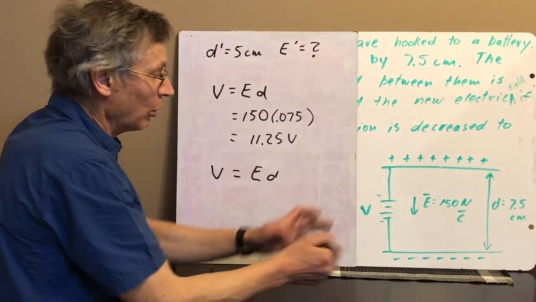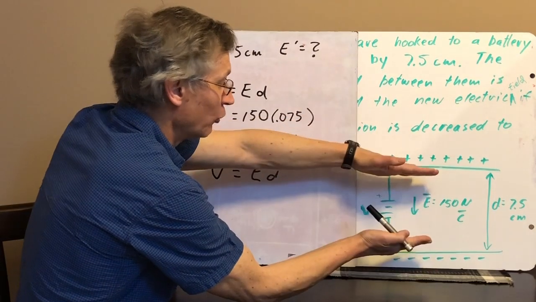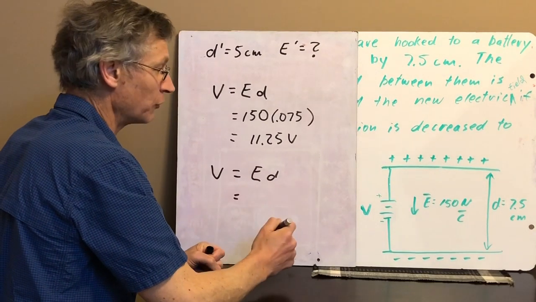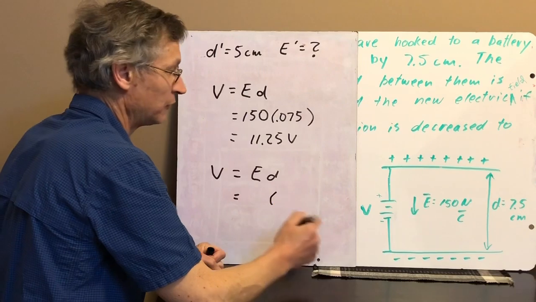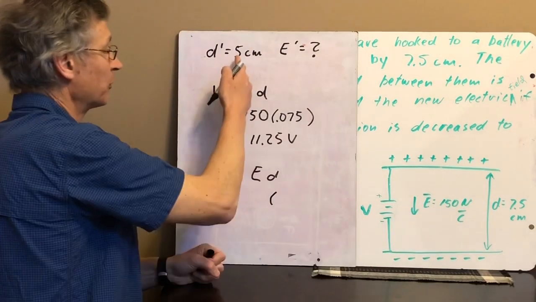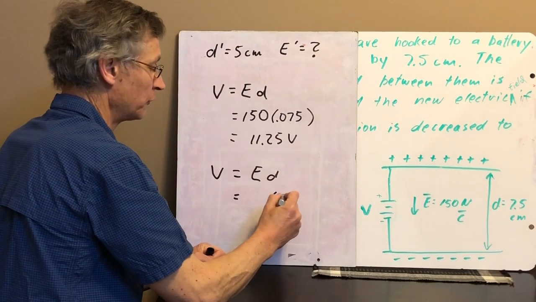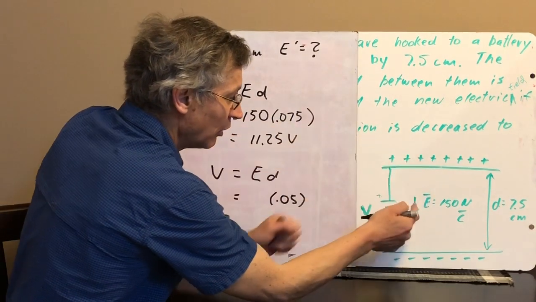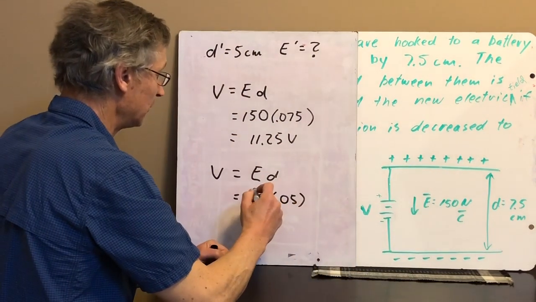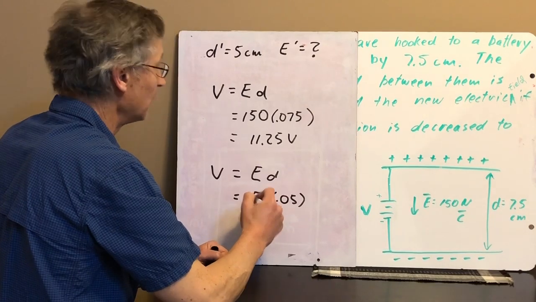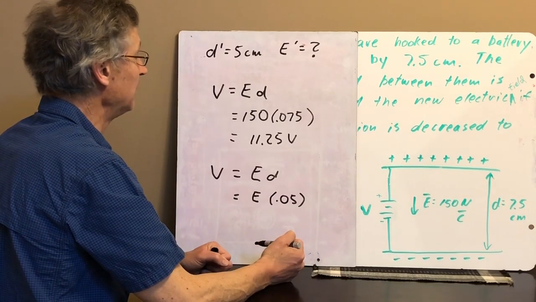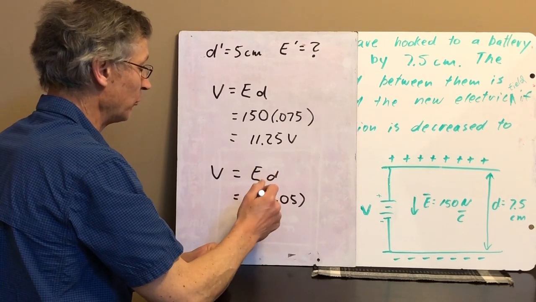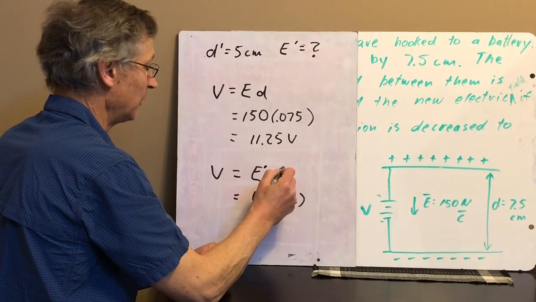We move our plates closer together, so the new distance is going to be, instead of 7.5 centimeters, 5 centimeters, so the new distance is 0.05. The new electric field, well, that's what we're trying to find. And if I really want to be consistent, what we're dealing with now is E prime and D prime.